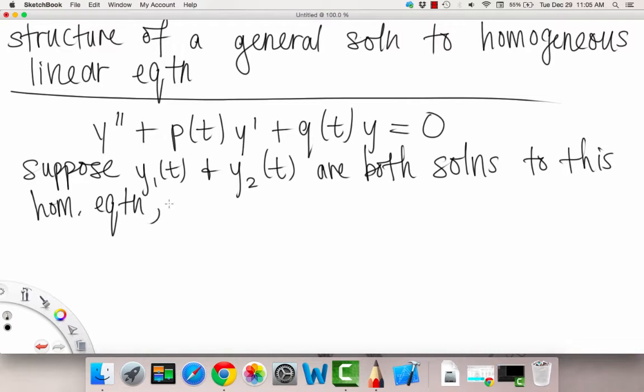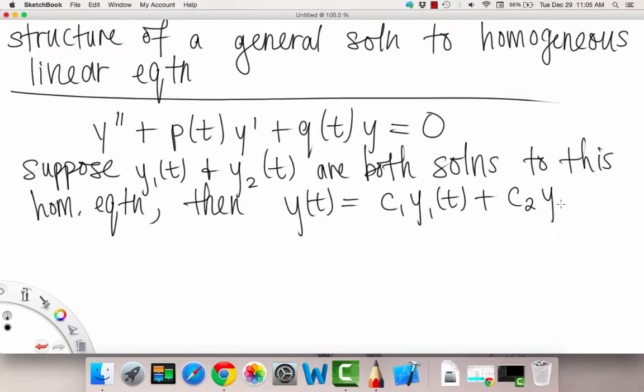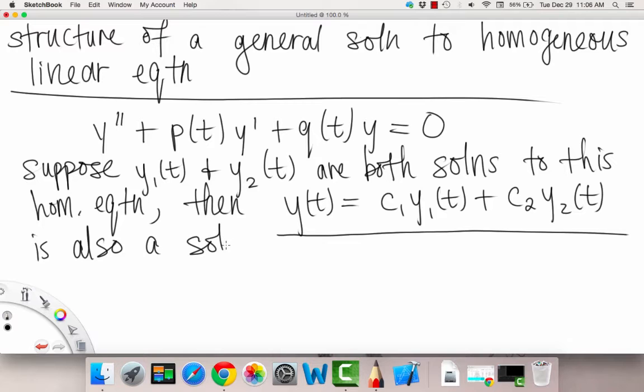Then y of t, which is equal to c1 times y1 of t plus c2 times y2 of t, this expression is also going to be a solution, for constants C sub 1 and C sub 2.